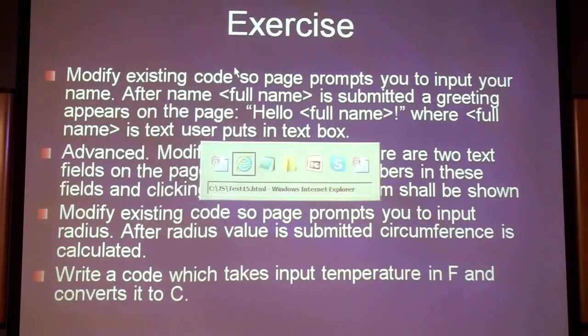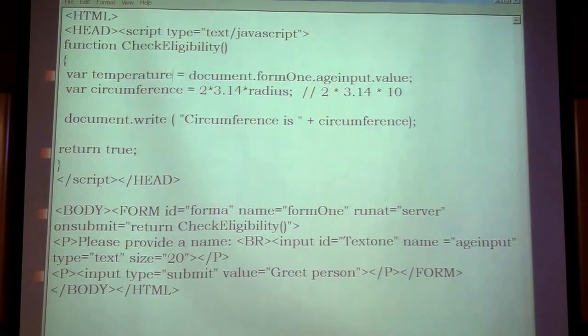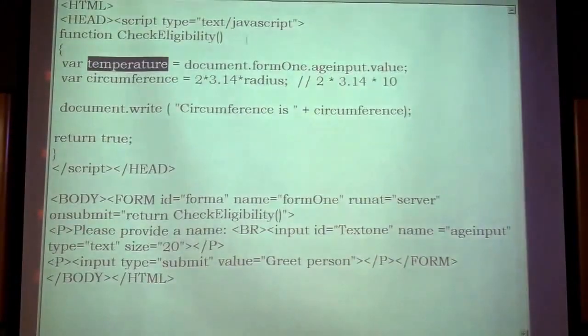I'm closing this. The code here, this is the user input, right? I change the variable name to temperature. The user provided the temperature in Fahrenheit, and we have to convert to Celsius.